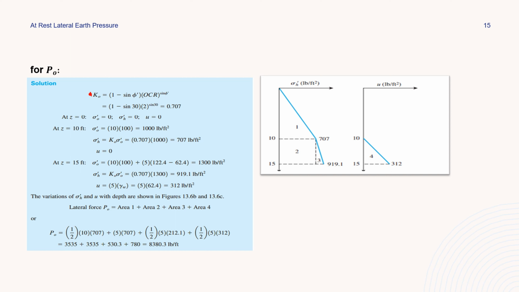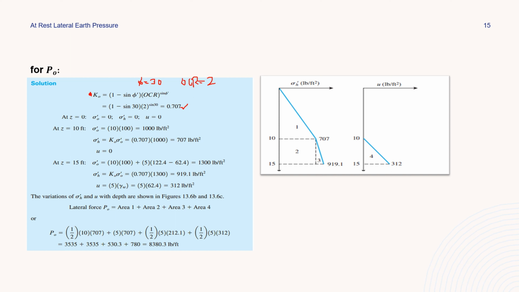So for over-consolidated soil, if nakahinumdom mo, Ko is 1 minus sine phi prime times OCR raised to sine phi prime. Ang phi prime is 30 and atong OCR is 2. So i-substitute lang ning duha sa formula, makuha na nato ang 0.707 nga Ko.